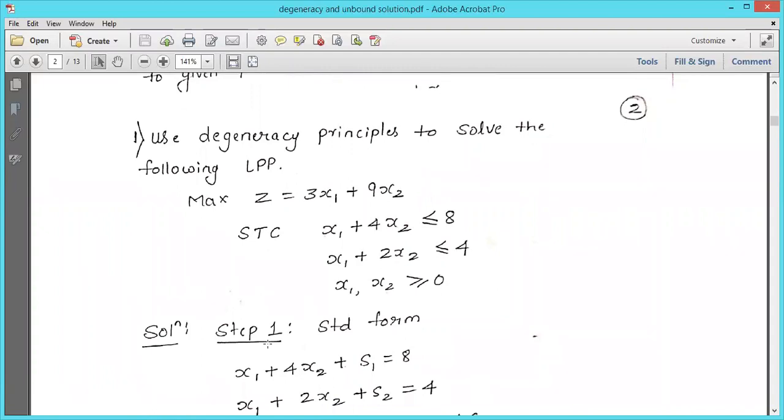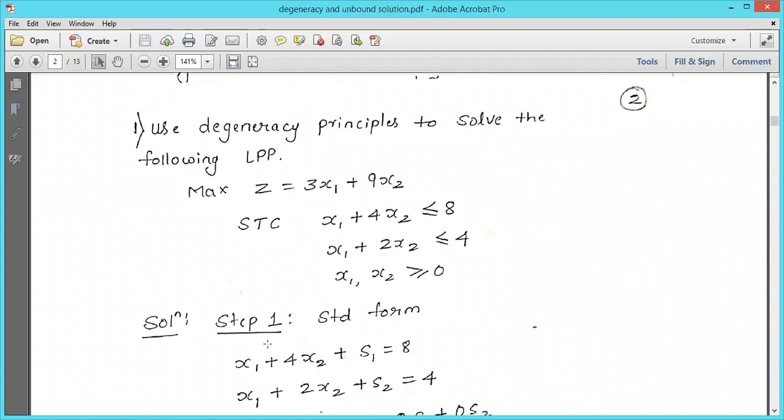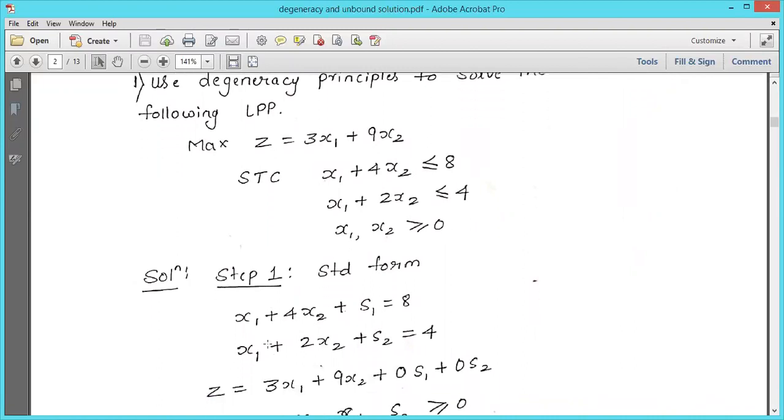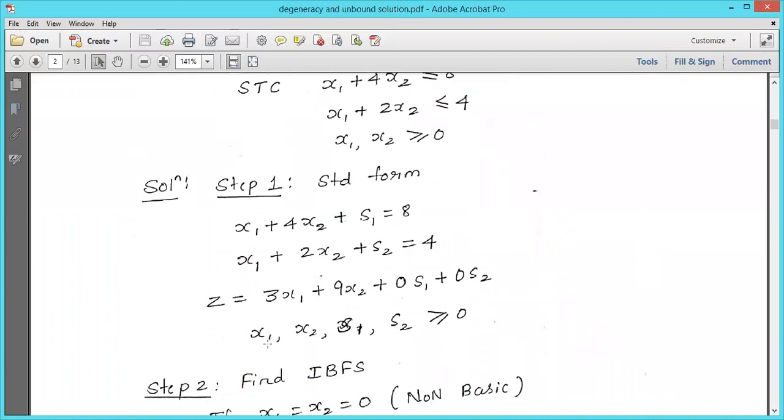After converting all the inequalities, we have x1 plus 4x2 plus s1 is equal to 8, x1 plus 2x2 plus s2 is equal to 4, and the objective function z is equal to 3x1 plus 9x2 plus 0s1 plus 0s2. And all these variables, x1, x2, s1, s2, should be greater than or equal to 0.